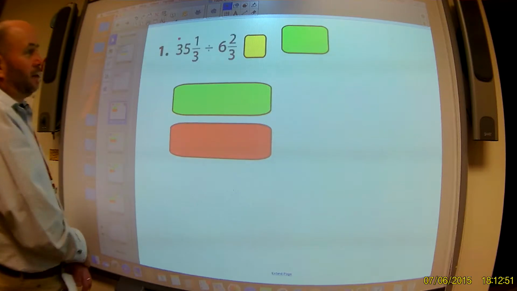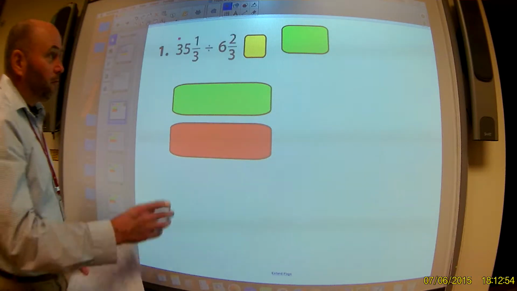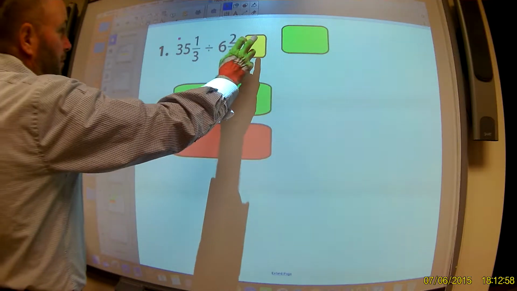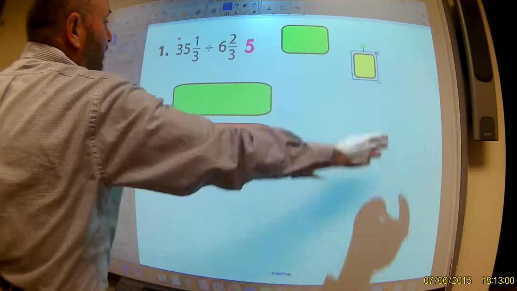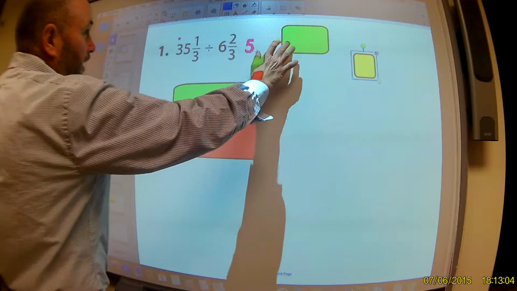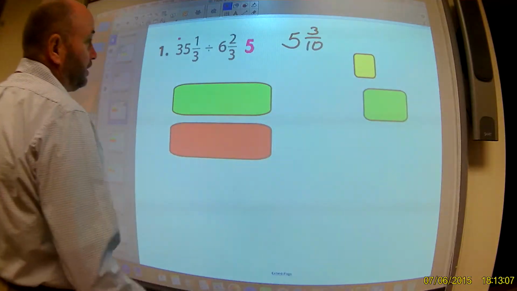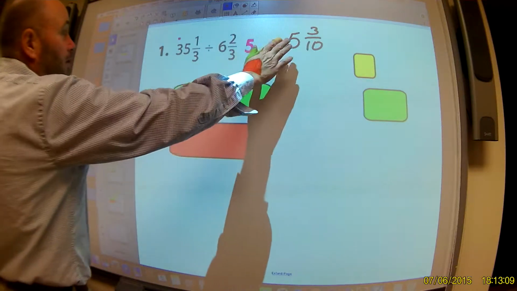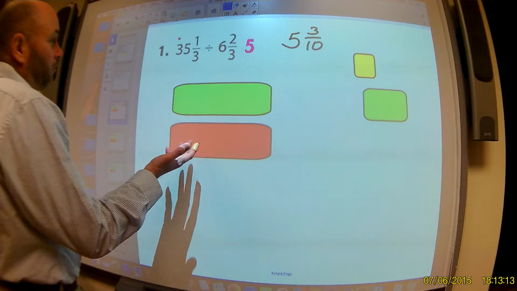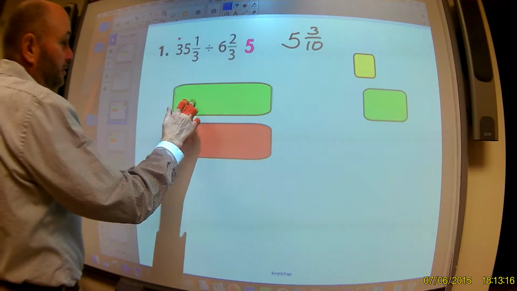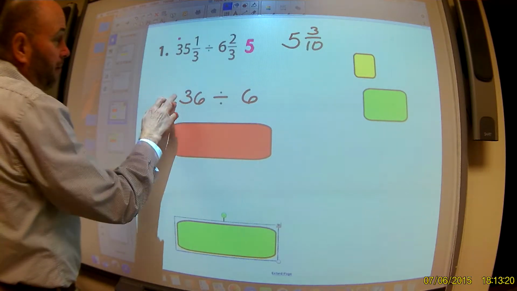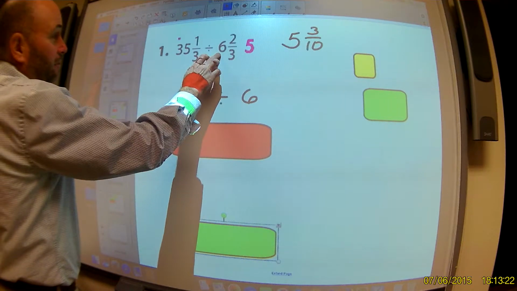Okay, let's take a look at number 1. We have 35 and 1/3 divided by 6 2/3, and our estimate is 5. Now, this is a reasonable answer because the real answer, if we did it without estimating, would be 5 3/10. One way you could have estimated this would have been to round 35 to 36 and leave 6.